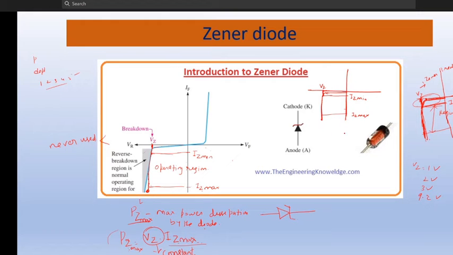As I said, beyond this, if you go, there will be higher power dissipation and it will result in the destruction of the diode. And this knee point where the voltage becomes constant is the minimum current that should flow through the Zener diode. So Iz min, Iz max, right?